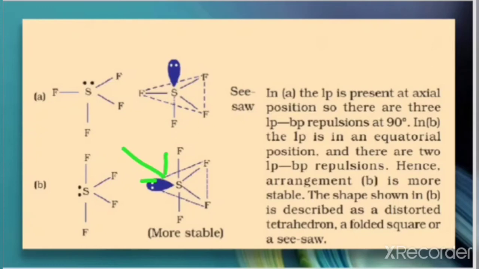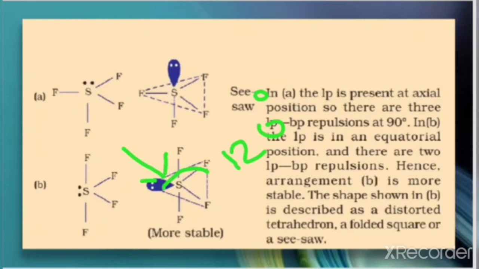So whenever we are making a trigonal bipyramidal structure, and if there is a presence of lone pair, you always keep the lone pair in the equatorial position, not in the axial position, because here the angle is 120 degrees. So the maximum distance, the minimum the repulsion.